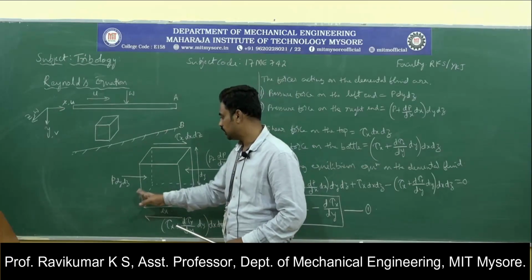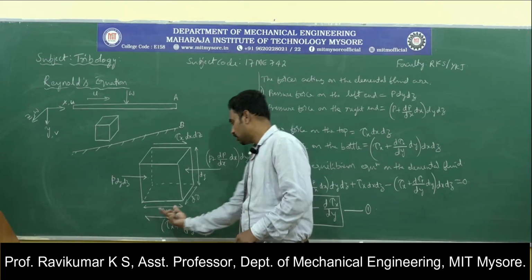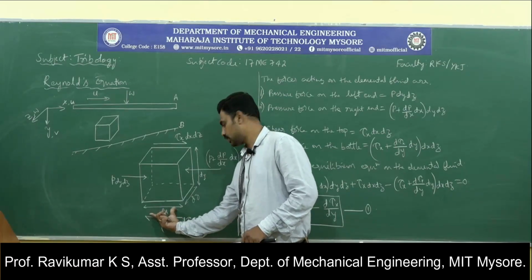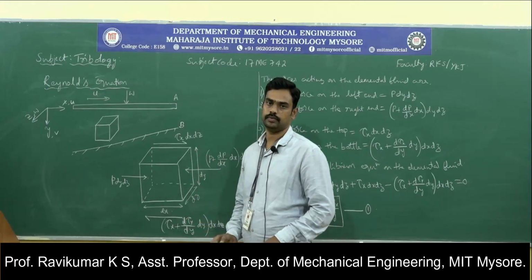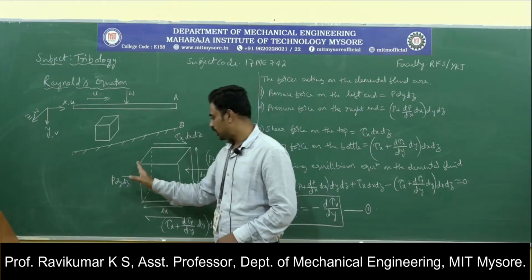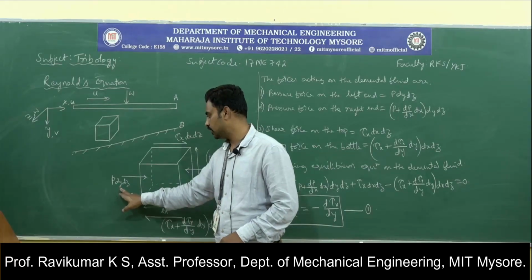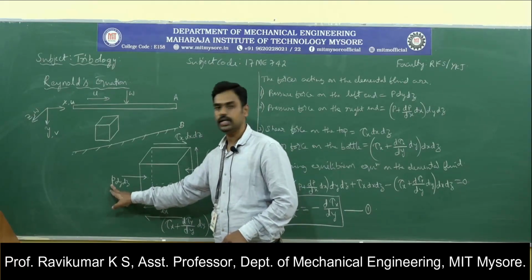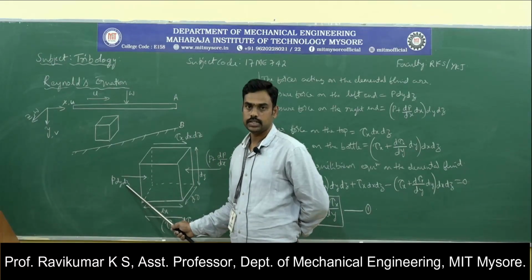Okay, that is what is done here. A small elemental fluid is considered of length dx in the x direction, dz in the z direction and dy in the y direction. At the left face, the force is P into dy dz. Here P is the pressure and dy into dz is the area.